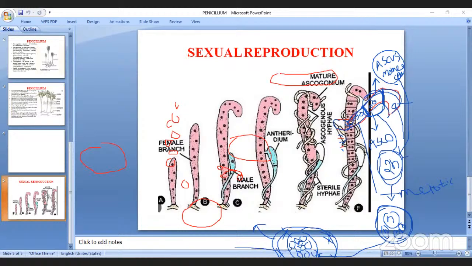As a result, ascospores are released. Now the released ascospores germinate into mycelial filaments, and again mycelia form. So this is the sexual reproduction in Penicillium. Is it clear? Right. So this is also a very important question from the exam point of view.